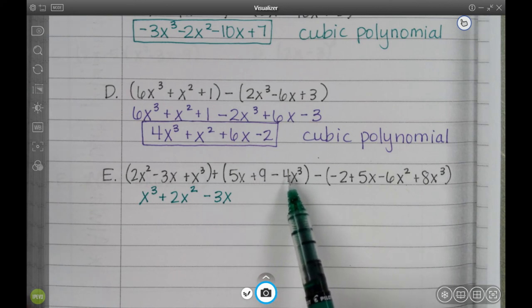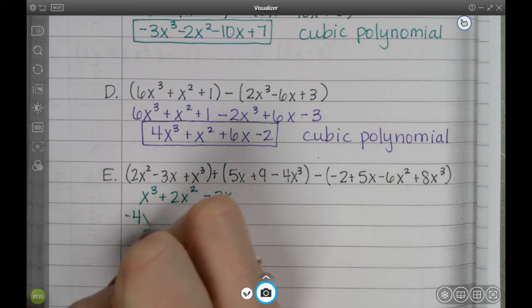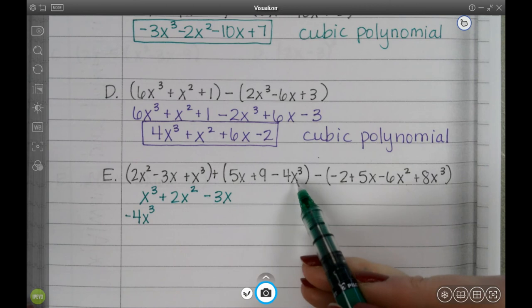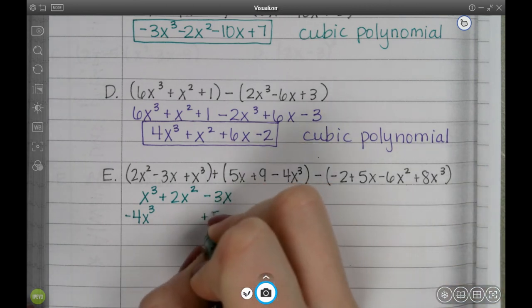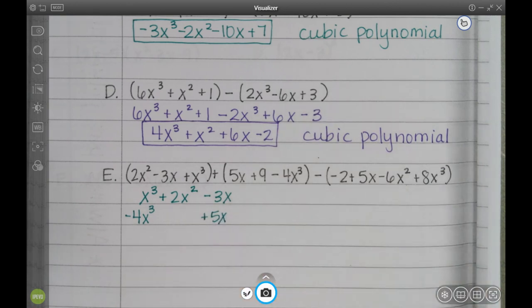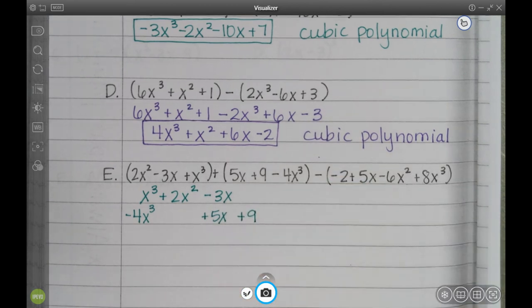So I'm going to do the same thing. I'm going to put the negative 4x cubed underneath the other x cubed. I'm going to put the 5x underneath the other term with x. And then plus 9 down here on the end.